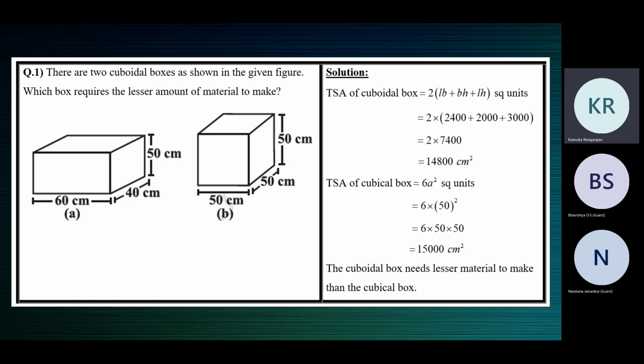The material may be cardboard, steel, plastic, any material. So we assume that the material is used all over, for making all the 6 faces. So we have to find the total surface area of the cuboidal box and the total surface area of the cubical box.